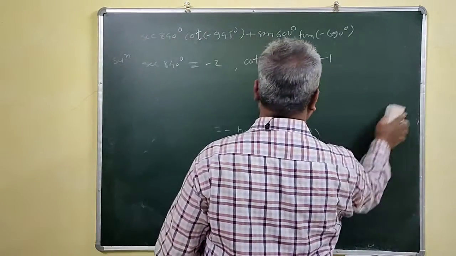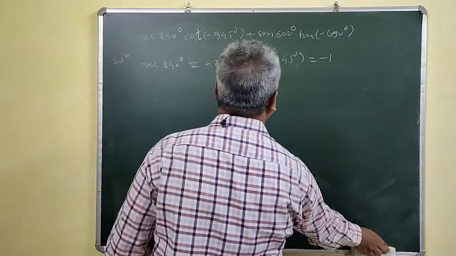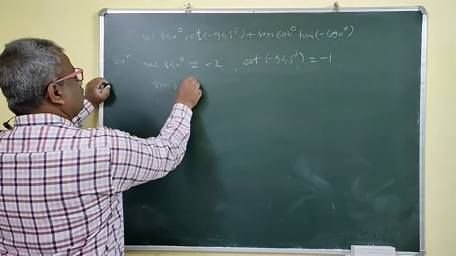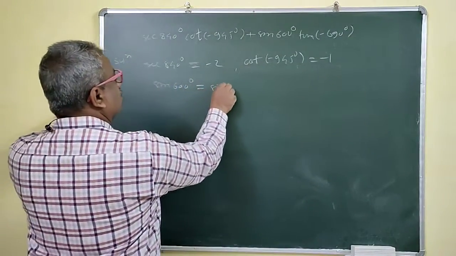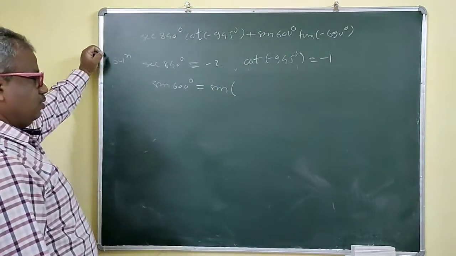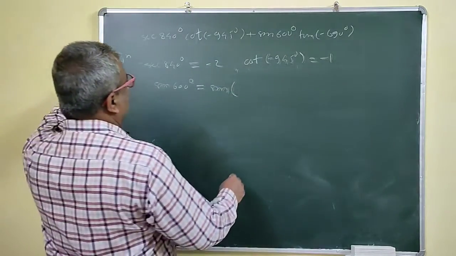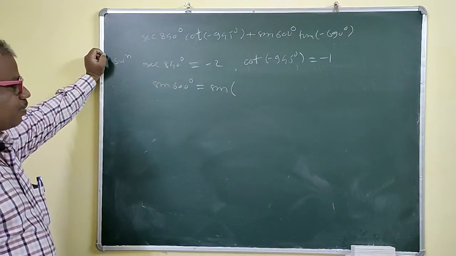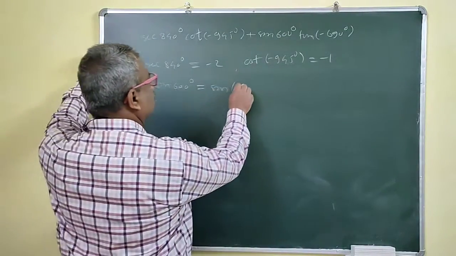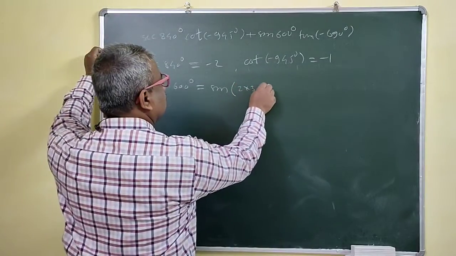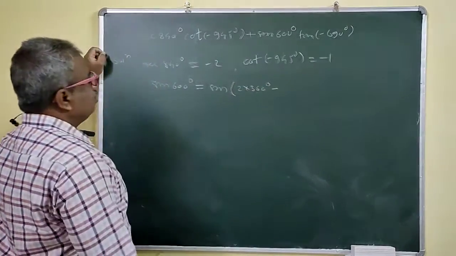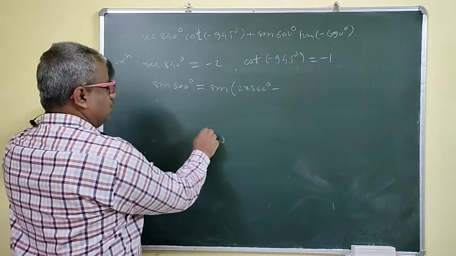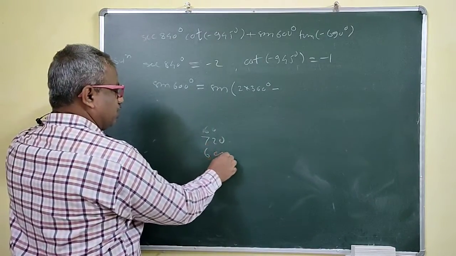Okay, now next, sine 600 degree. How can we write this? Sine 720. So I can write this as 2 into 360 degree minus, see, 720 and 600, so 600 here, right?